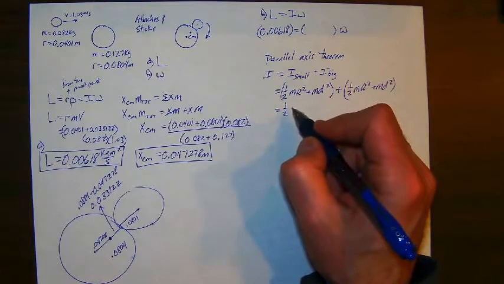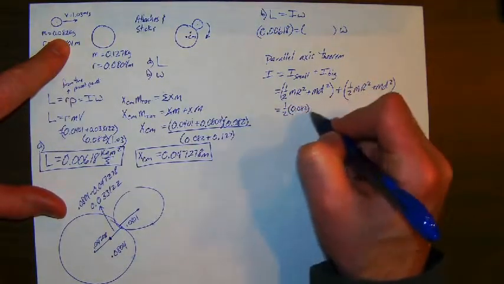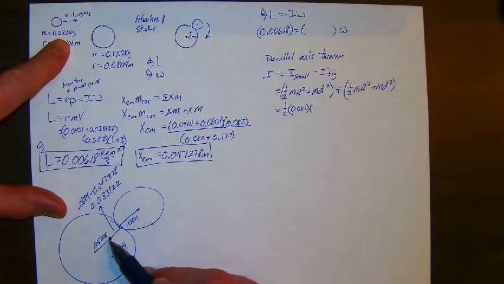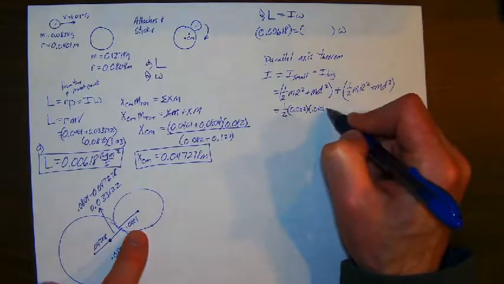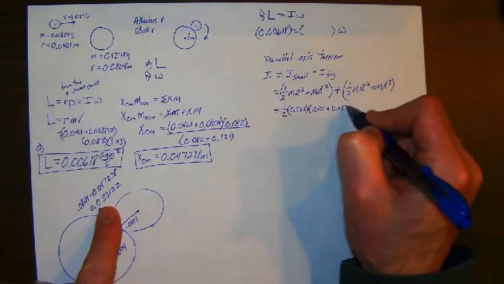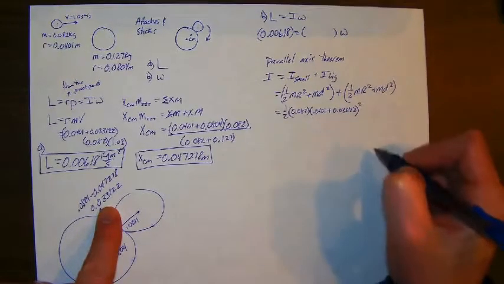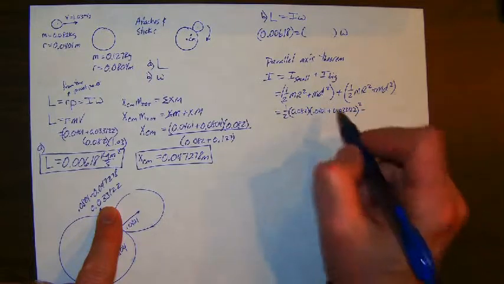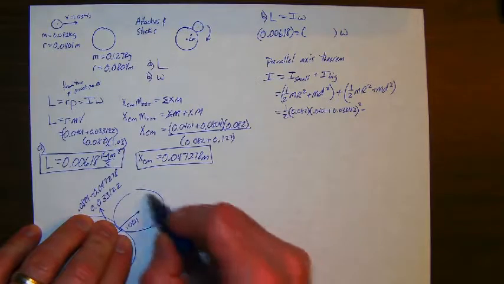So if this is my small puck, I'm going to have 1/2 of the 0.082 times the radius. Now the radius from the center of mass to the center of mass, or from axis to axis, has to be this 0.0401 plus 0.033122 squared. Whoops, I messed up on that. This is what just the radius is for the spinning object.